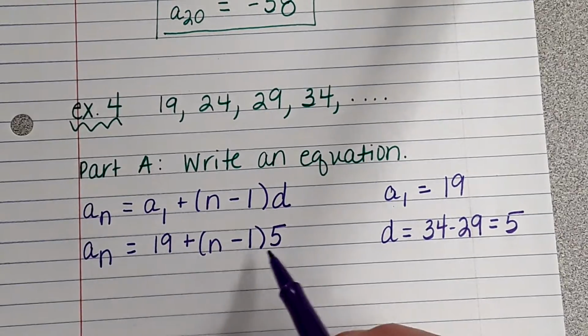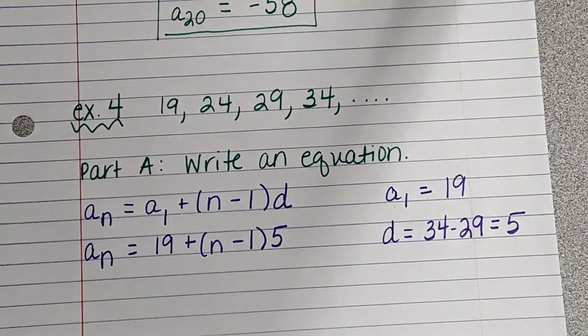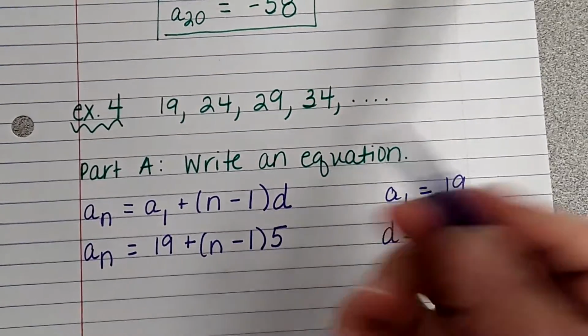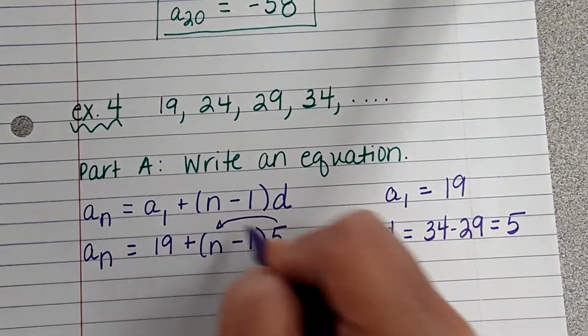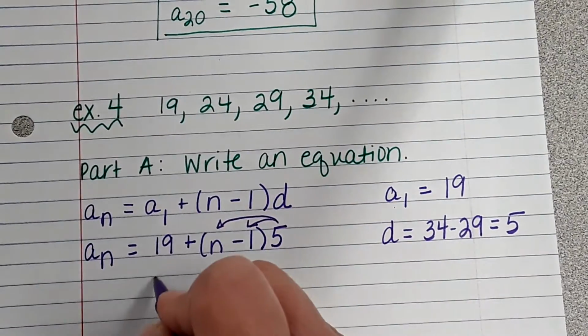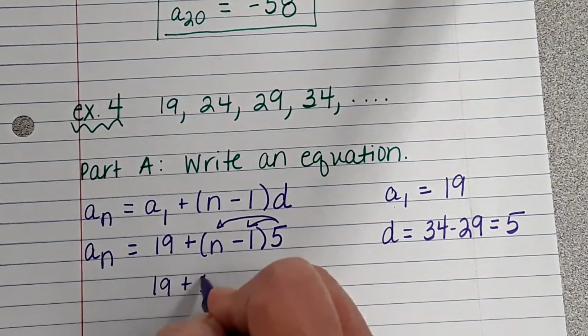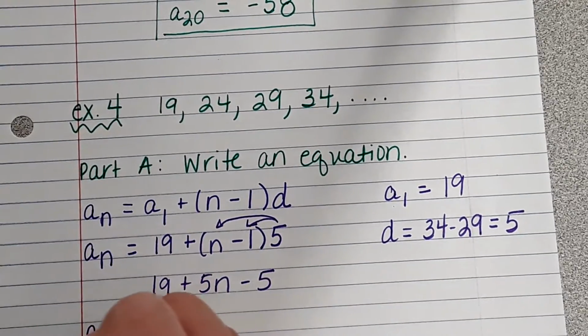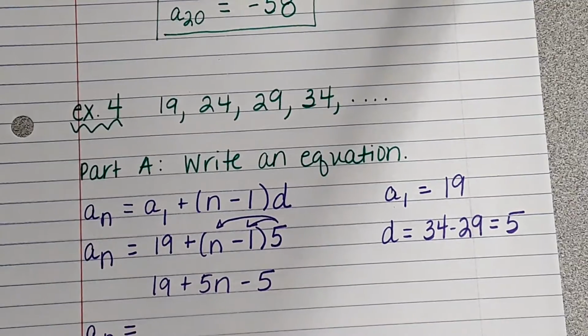Now, some people distribute and all of that. You might see that, but don't be worried about, oh, my equation doesn't look like this. If we distribute the 5, the 5n stays.